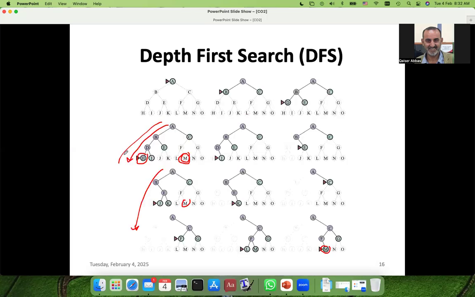I have already explained this point to you: your solution may be here, but this level is much deeper. So your DFS will first go to this deepest point, execute it, and then it will come here, and then here.